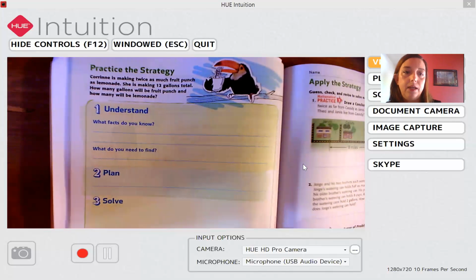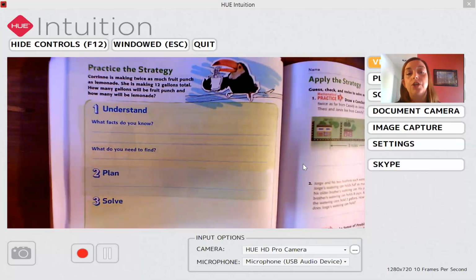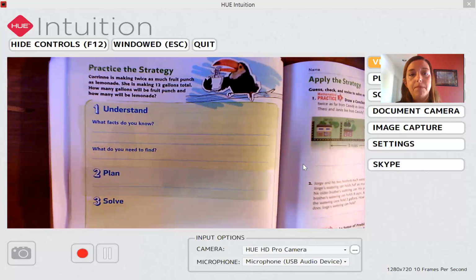Corrine is making twice as much fruit punch as lemonade. She is making 12 gallons total. How many gallons will be fruit punch and how many will be lemonade? All right, so we know that this is about fruit punch and lemonade, right? So that is what the problem is about. So what facts do you know?